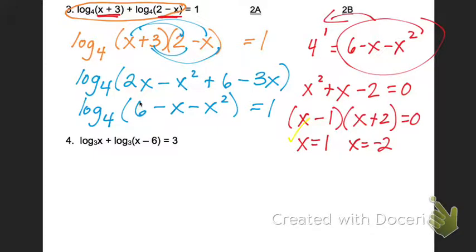So when I plug in negative 2 here, do I get a positive answer? Negative 2 plus 3, is that positive? Yes, so it works here. 2 minus a negative 2, is that positive? Yes, because it becomes 4. So both of these would work.